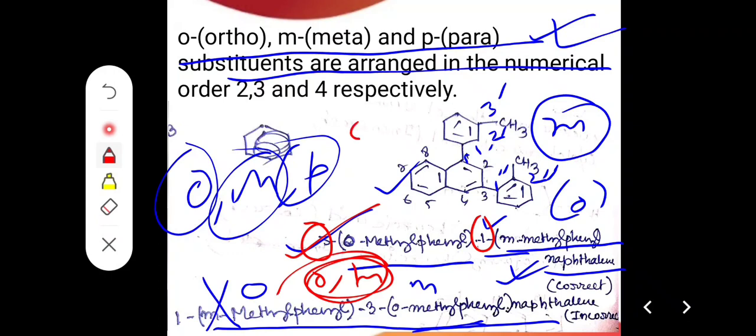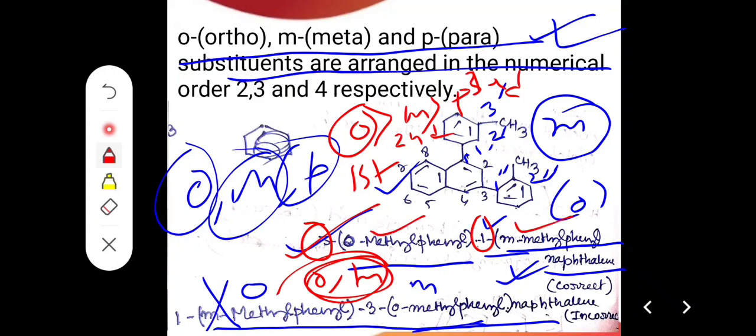So there should be ortho preference over meta, and meta preference over para, though their numbering system is present. So ortho comes first, then meta second, and then para third. So this is ortho, then meta. So that's why this is the correct name.